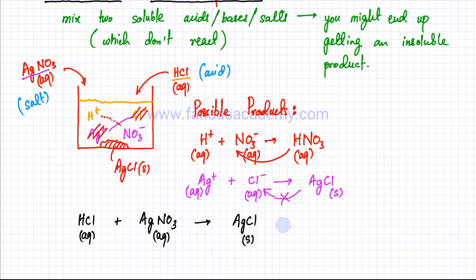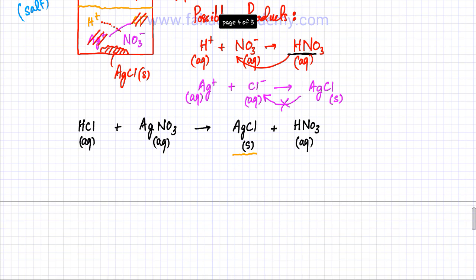So AgCl solid forms a precipitate, and the other substance remaining in the solution is H plus 1 and NO3 minus 1 ions, in aqueous state. It's going to ionize back again, so I'll have HNO3 forming, but that would redissolve, so it's going to remain part of the solution. So I can then extract my insoluble solid by simply filtering out the solid.